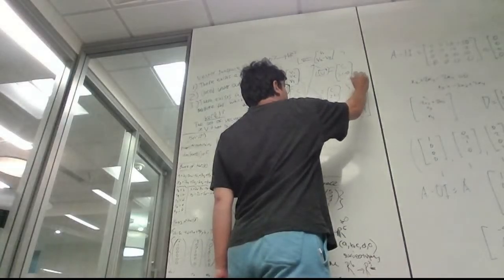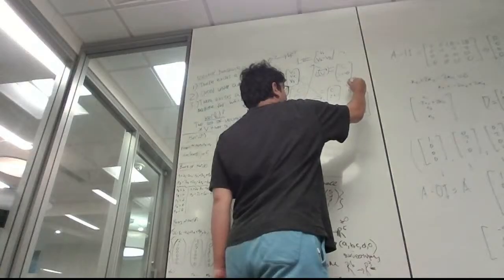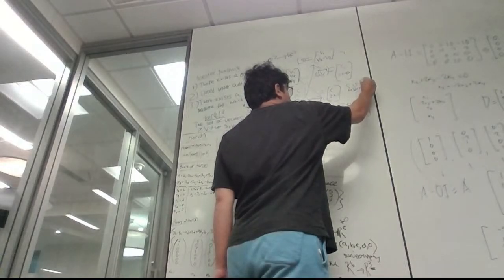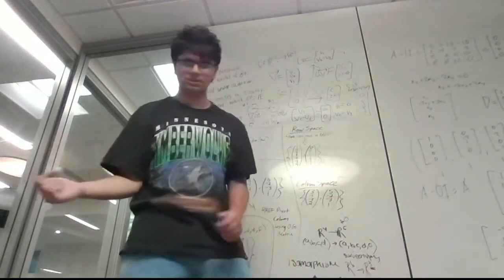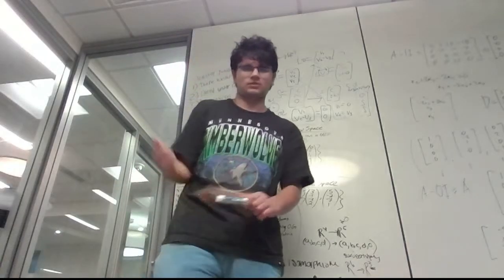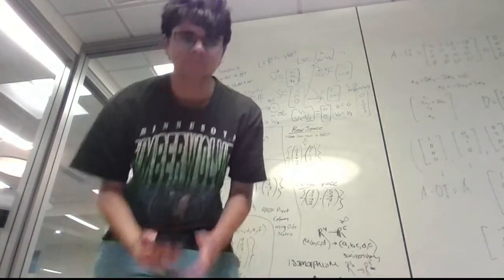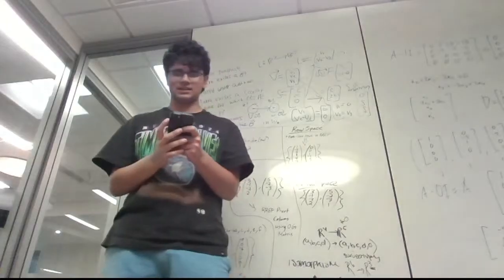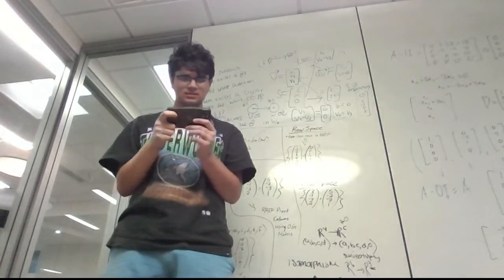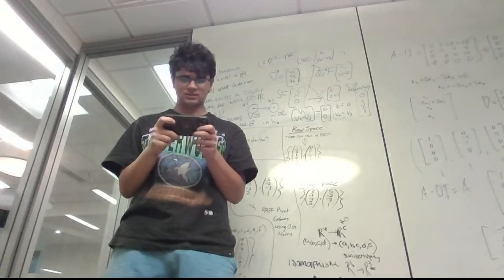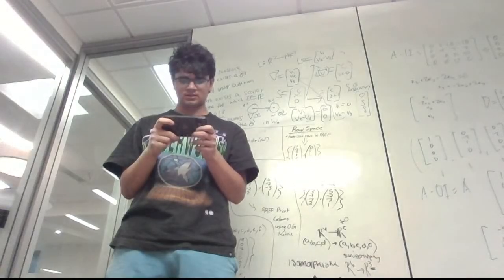S is arbitrary, could equal anything within the vector subspace. So, okay. So this is a set of vectors in L.